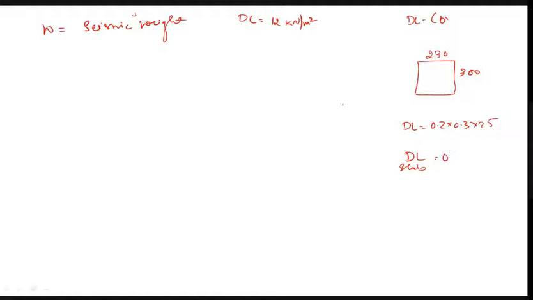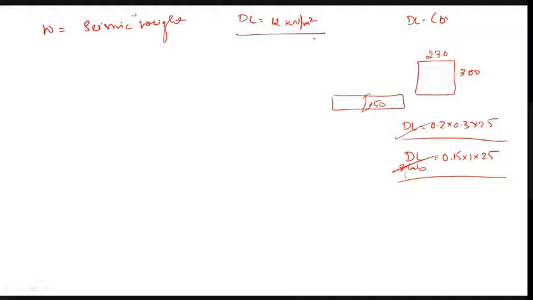The thickness is 150, so 0.15 into 1 into 25. I think you know how to calculate the dead loads and live loads for the different aspects. Here he has directly given the dead load, and the live load he has given as 3 kilonewton per meter square.